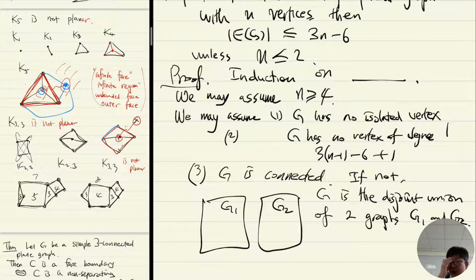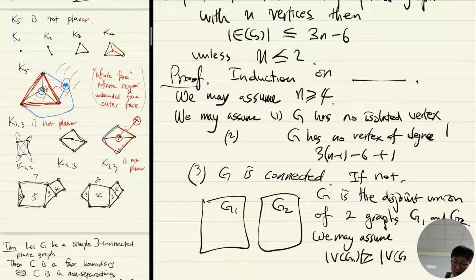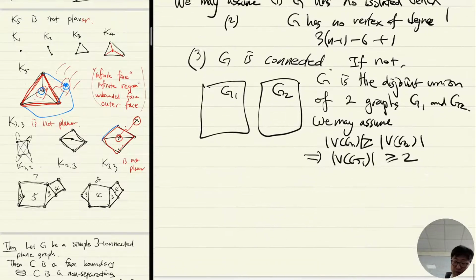And I can assume that G1 is larger than G2. I mean, like let's say number of vertices of G1 is at least the number of vertices of G2, but n is at least 4, so that means number of vertices of G1 is at least 2, right?